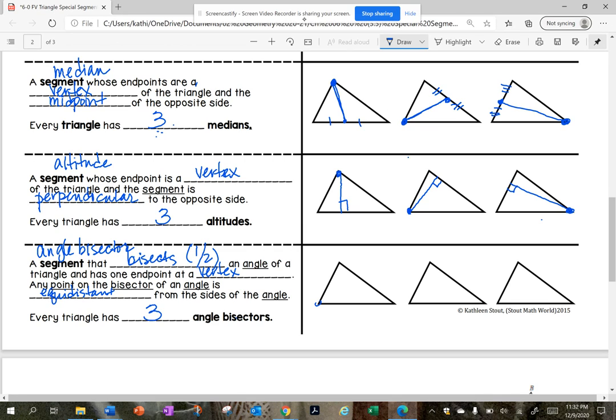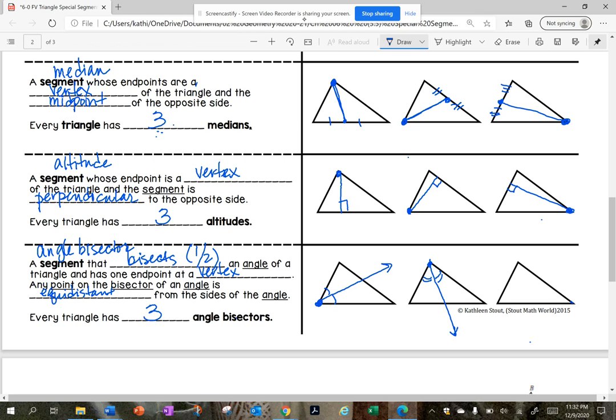Okay, so if I want to bisect this angle, I would be cutting this angle into two congruent parts.